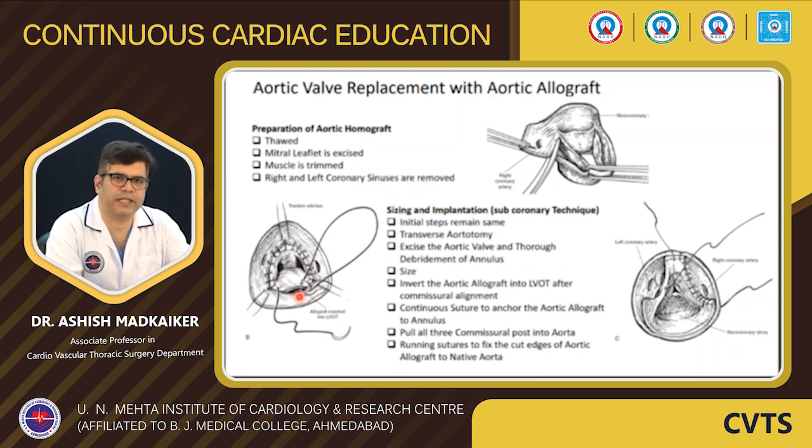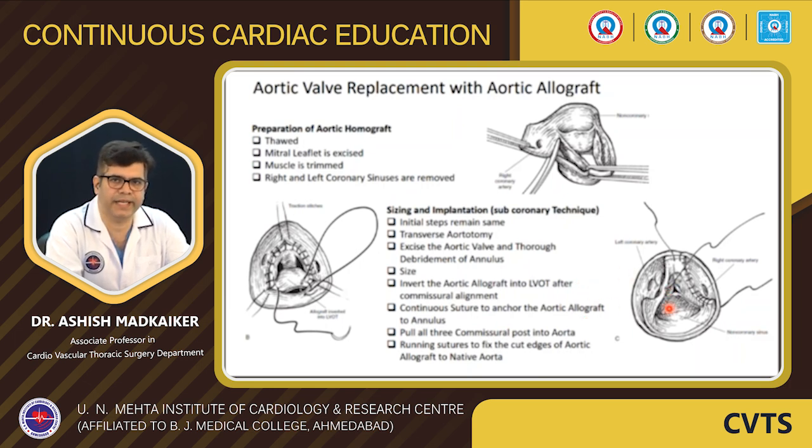Once we have completed the anastomosis and tied, we pull the aortic homograft back into the ascending aorta, and then we take running sutures to fix the cut edge of the aortic allograft to the native aorta. This is how it is done, but in reality it is much more difficult than what I have just explained.